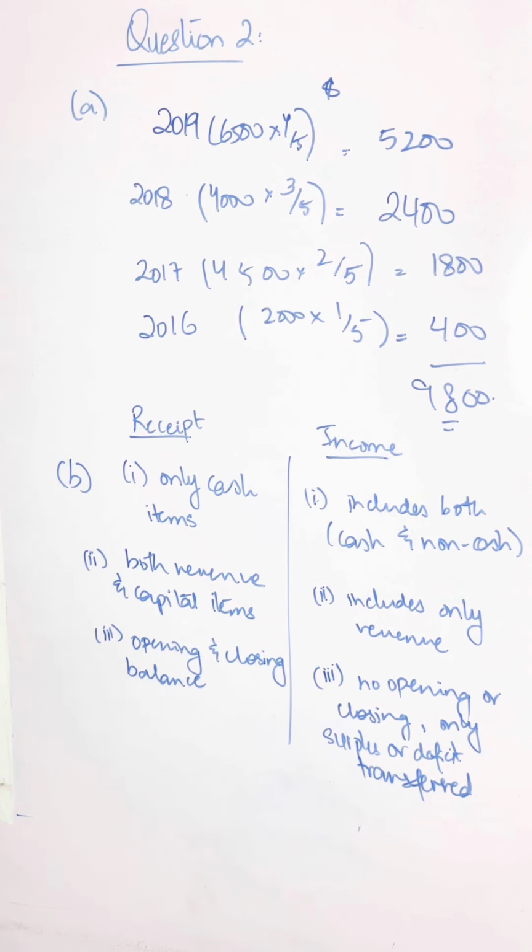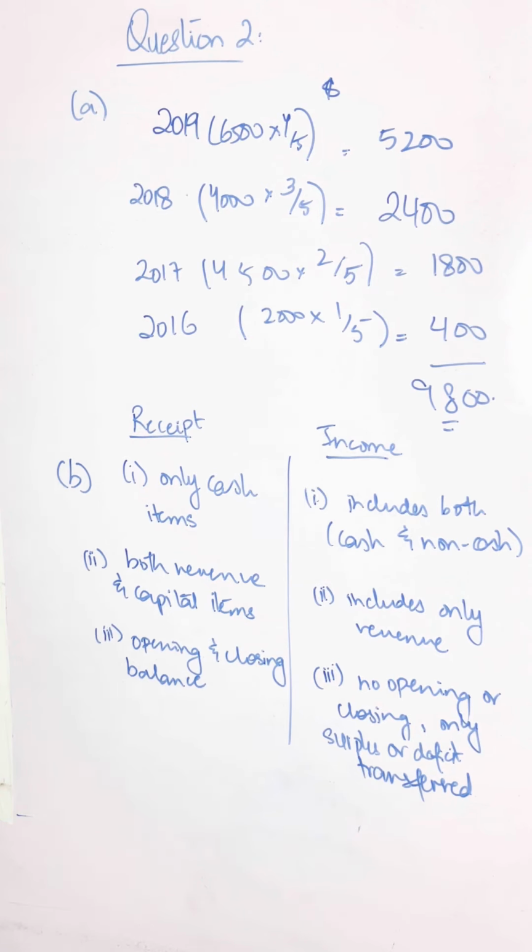Hence, it will be plus 24,000, and at the year end, the value was 52,000. After calculating this, we get the amount which we will be applying 20% to, because they said you're supposed to apply the 20% reducing balance method. So the depreciation charge for the year will be 12,000. Now we're done with the working.